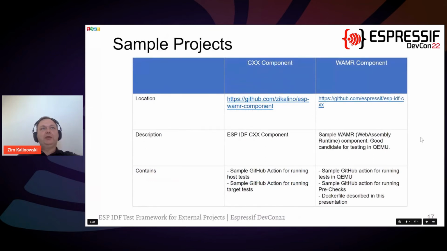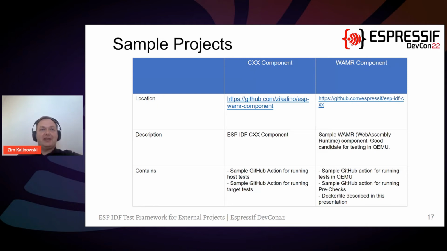We can continue with sample projects I've created. So the first sample project is the CXX component. That's the actual C++ component. We've migrated it out from the main ESP-IDF repo to a separate repository, so it can be installed as an optional component.